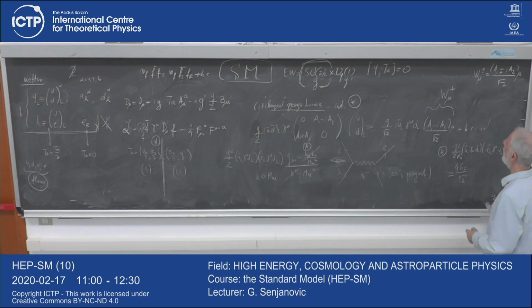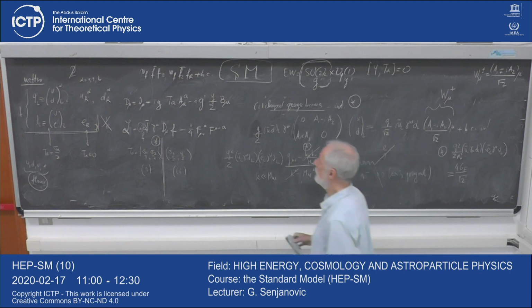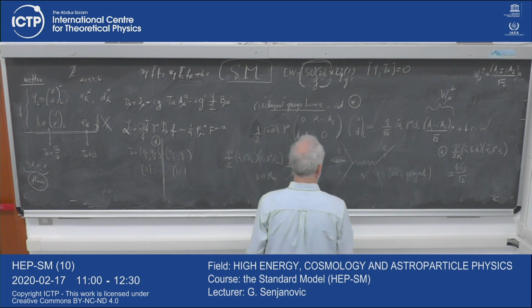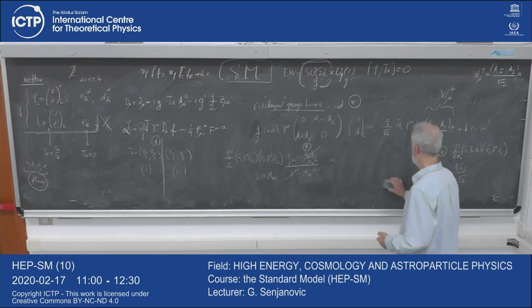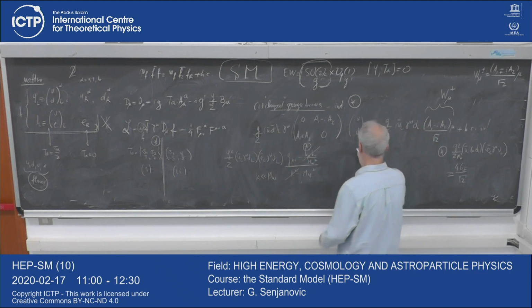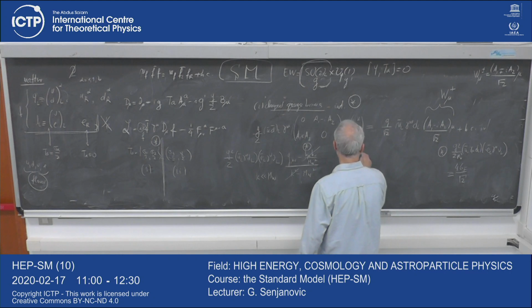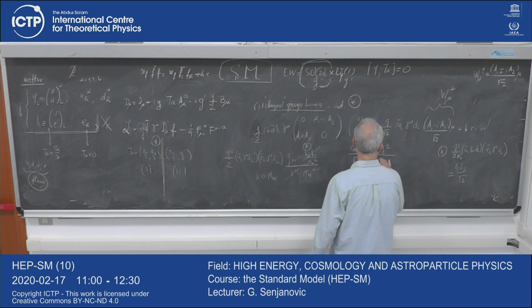So you see, now an important statement here. Let me write down the famous standard model relation: G Fermi over square root of 2 is g squared over 8 mW squared.